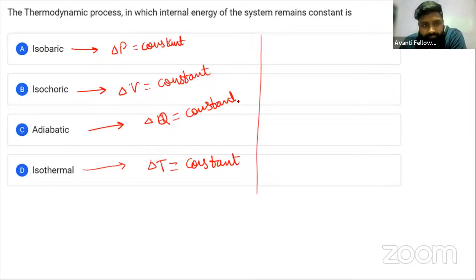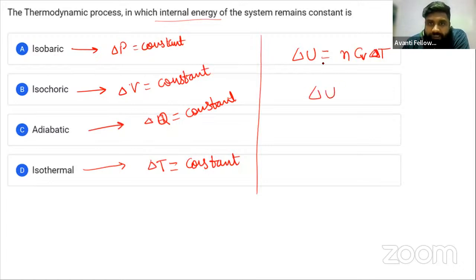Now, if I talk about the internal energy of a system, we know that delta U is nothing but nCv delta T. From that expression, you can say that delta U is directly proportional to the change in temperature.